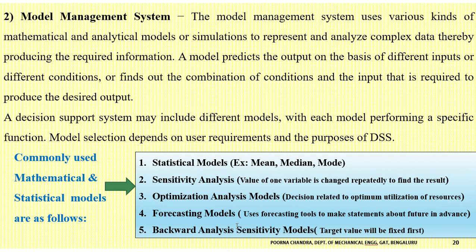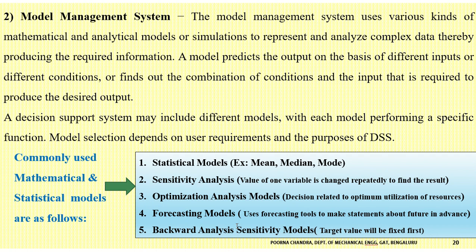Lastly, the backward analysis sensitivity models. As the name indicates, backward analysis is also known as goal seeking analysis. The technique followed in these models is just opposite to the technique applied in sensitivity analysis models.